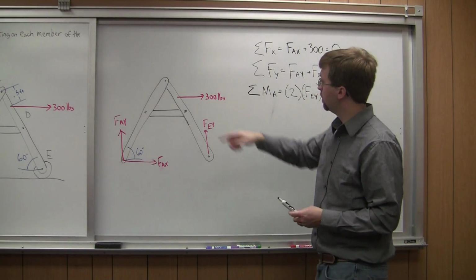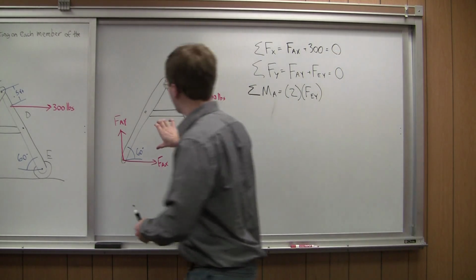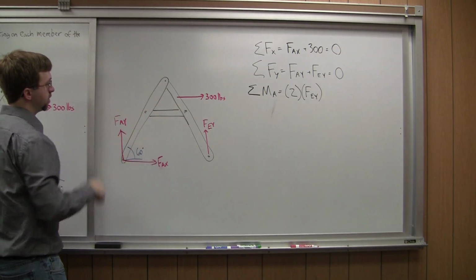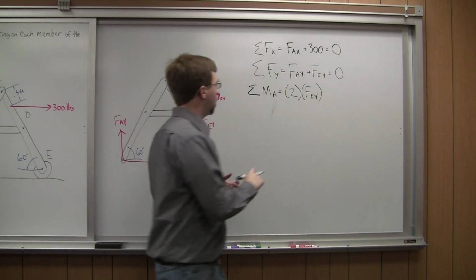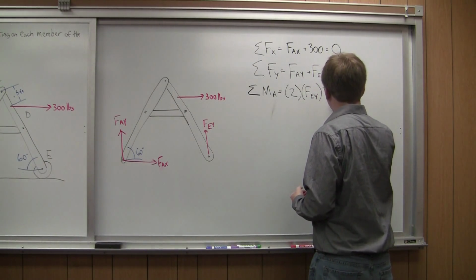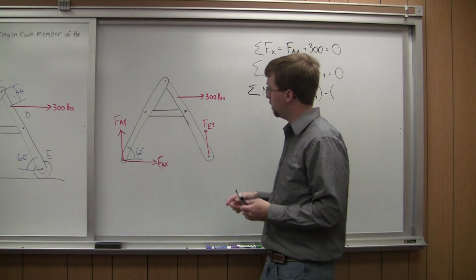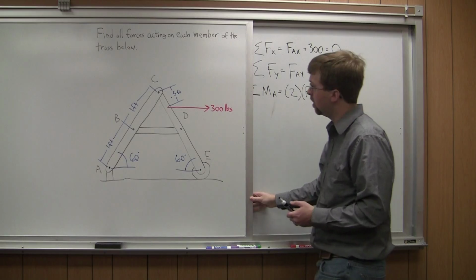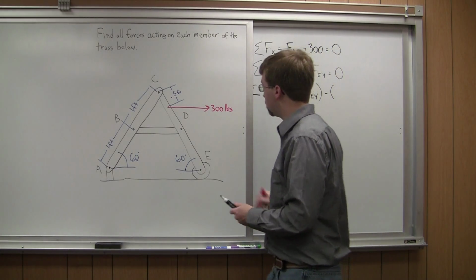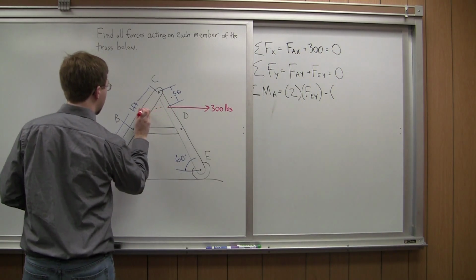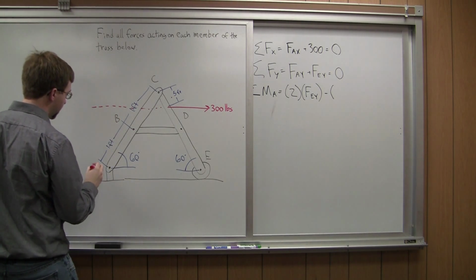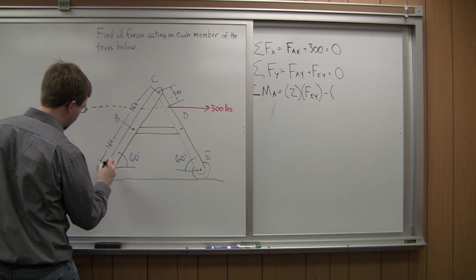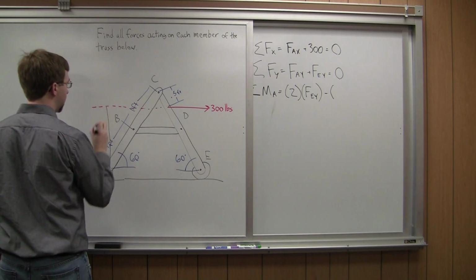Now I've got this 300-pound force that's going to exert a negative moment. It would cause clockwise rotation. So I've got to figure out the distance for that. It's negative, and for my distance, let's go back to my original diagram. I need to find the perpendicular distance. If I draw out the line of action, what I need to find is this distance right here.